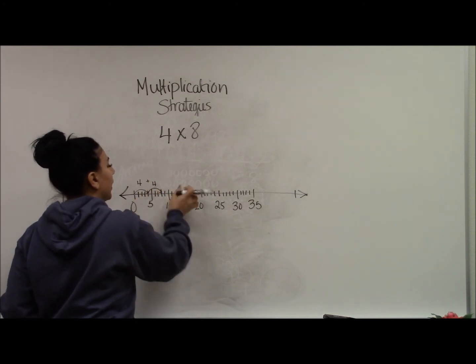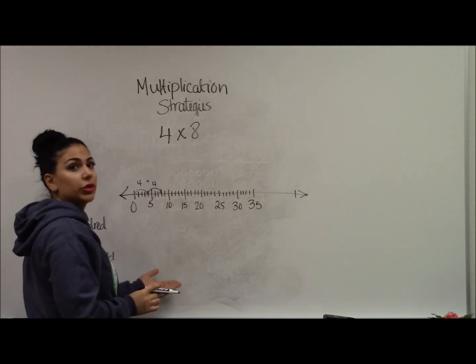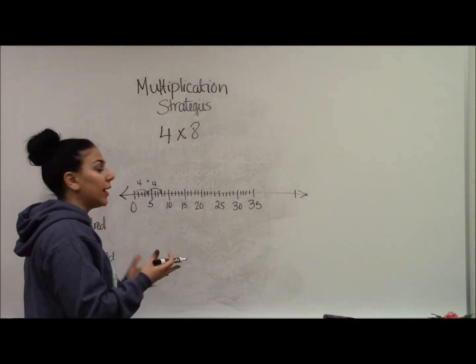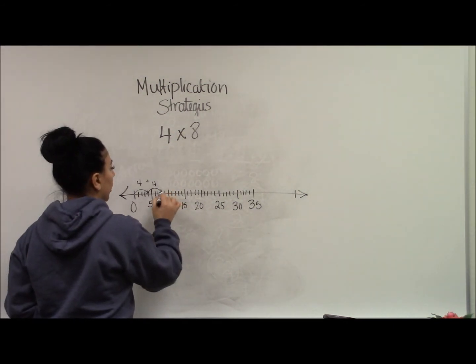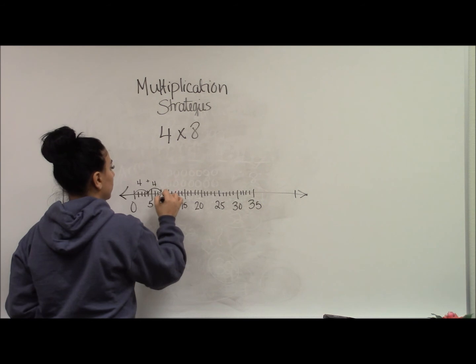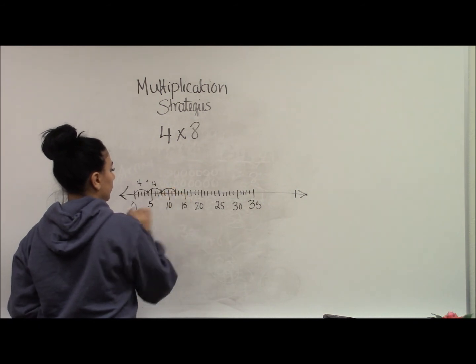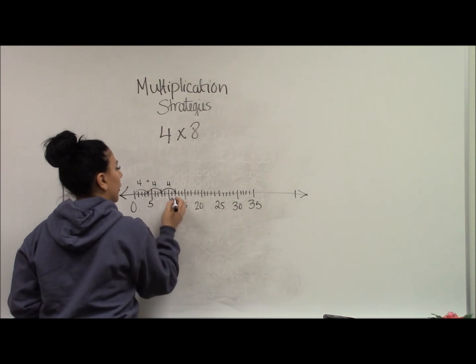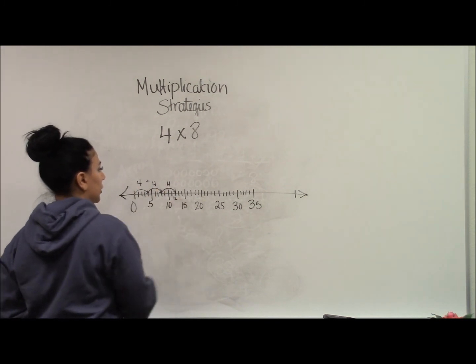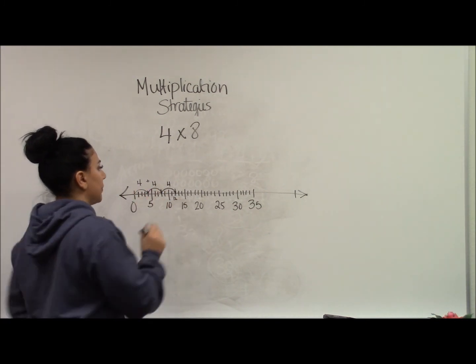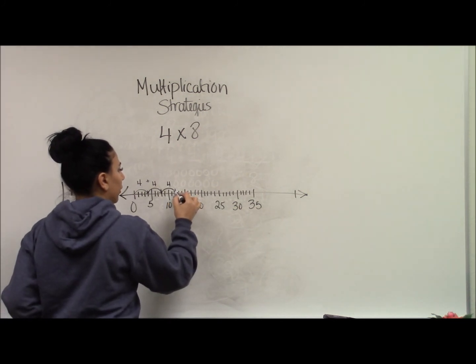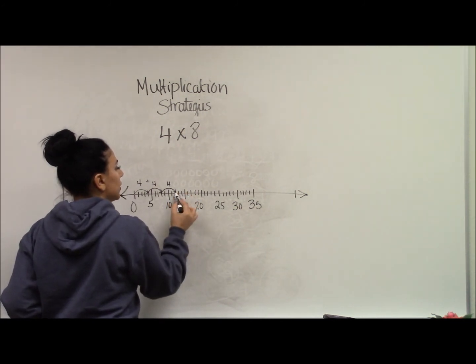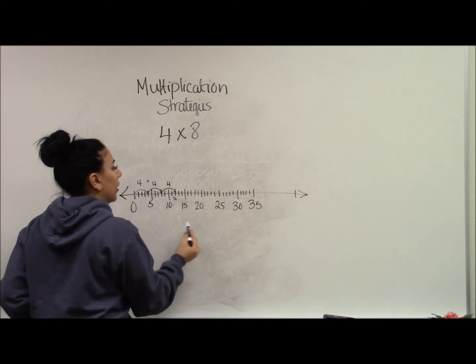So we're going to keep making those little jumps. This is very similar to repeated addition. We are just adding using the number line. And so now we're going to do 1, 2, 3, 4. Which, if you notice, we are now at 12, which is what 4 times 3 is, because we're making those jumps. So now we're going to keep going. Some students like to just add 1 at a time and then make that big jump over it.